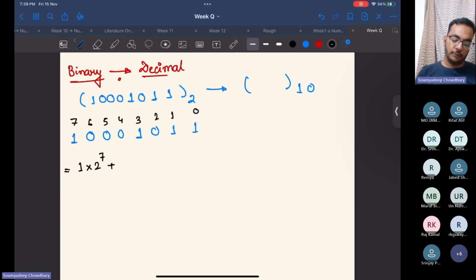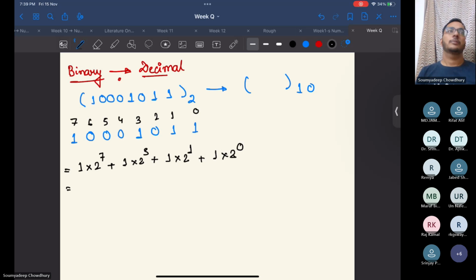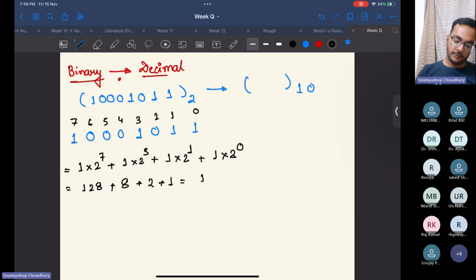Again, 1 we have at the third place, so it is 1 into 2 power 3, plus again 1 at the first place, 1 into 2 power 0. So 2 power 7 is 128, plus 8, plus 2, plus 1. It gives me 139.